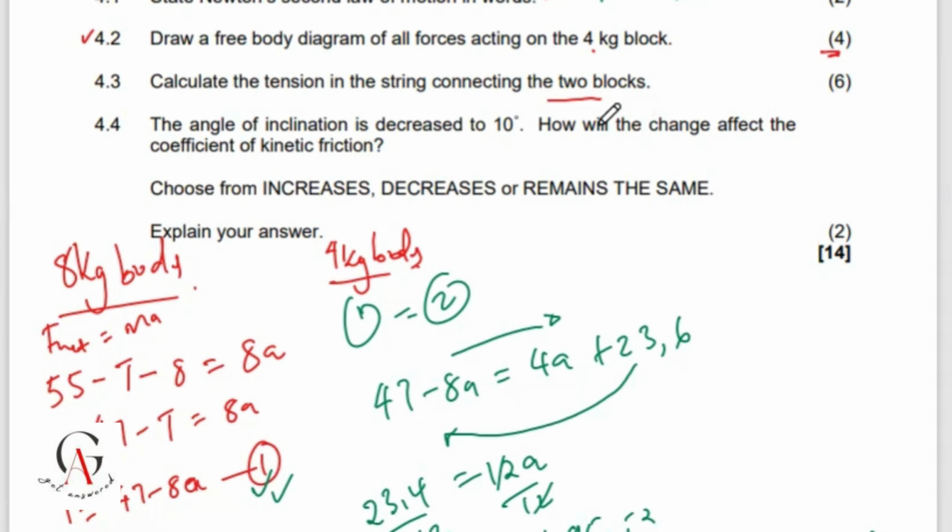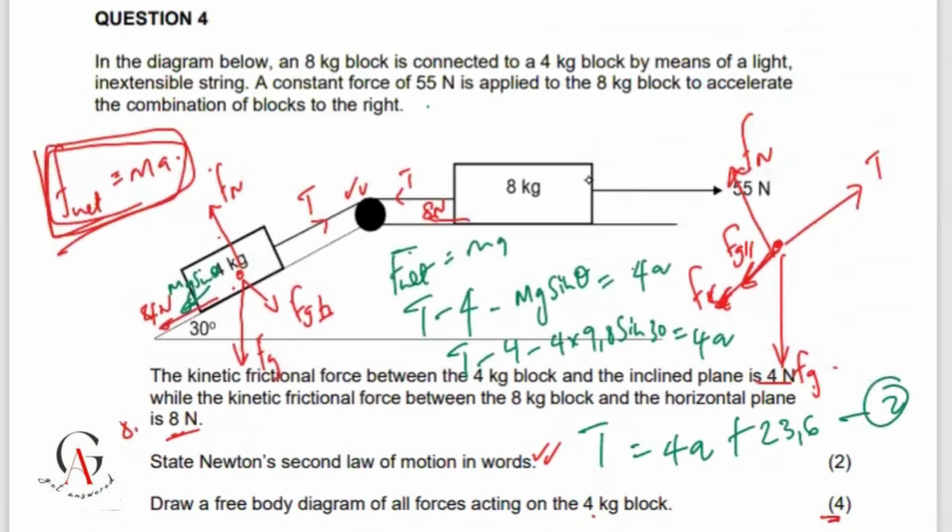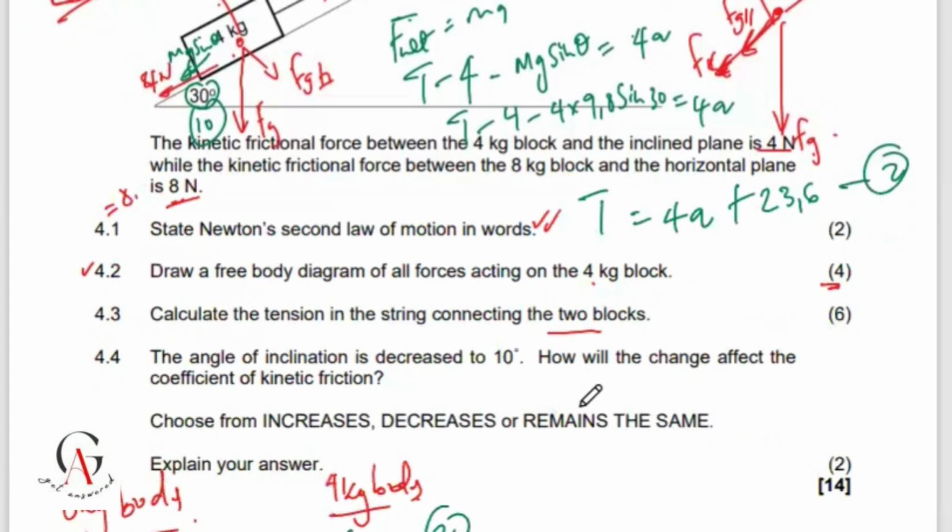How will the change affect the coefficient? And we need to give an explanation. If the angle of inclination is reduced to 10, how does this affect the coefficient? Now remember, coefficient is a ratio.